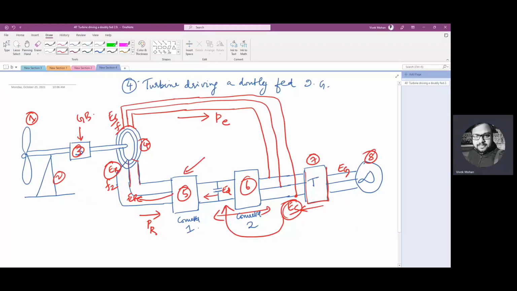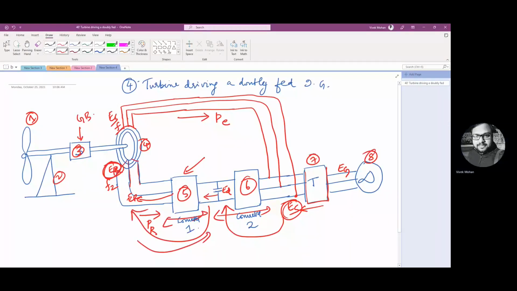So everything related to ER can be varied. Power can flow from DC side to AC side and vice versa. So this is also bidirectional.